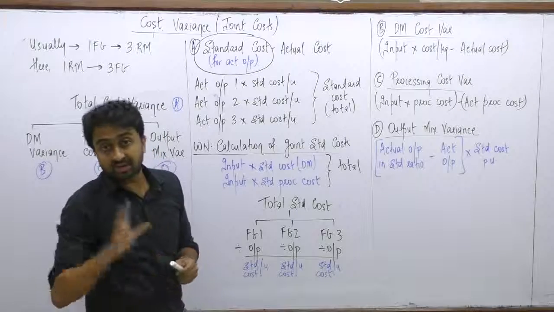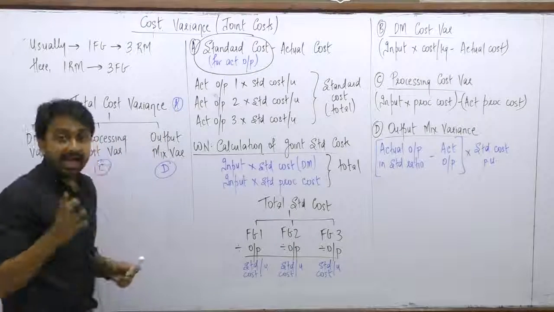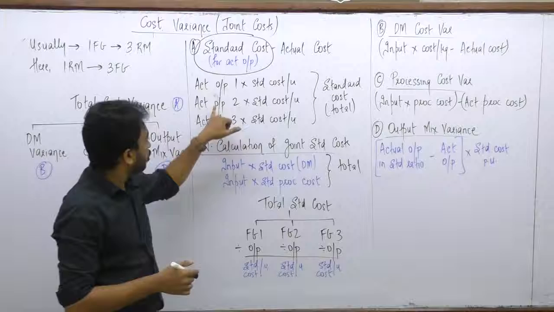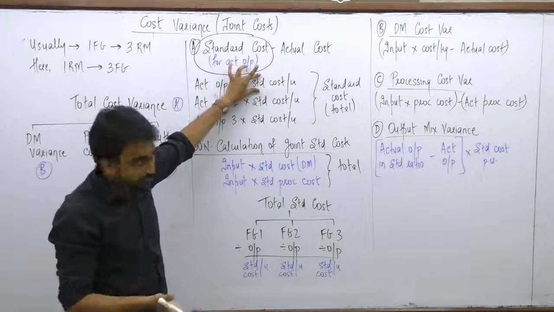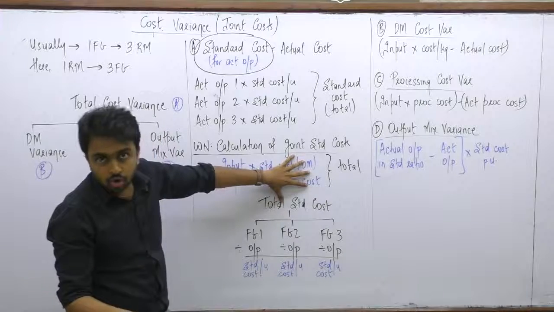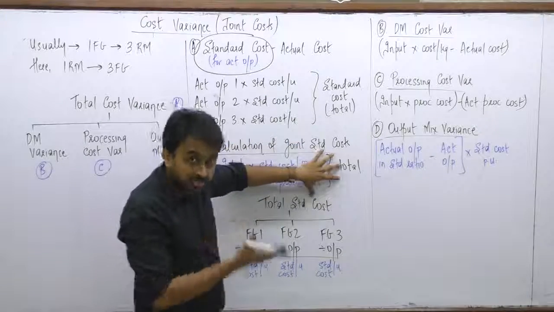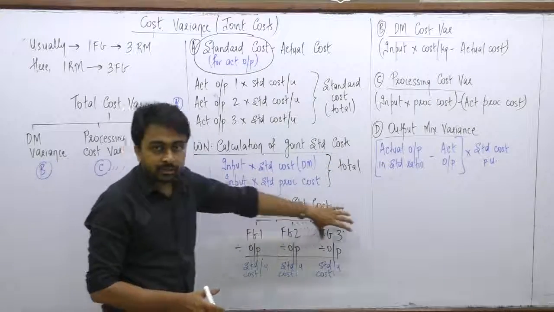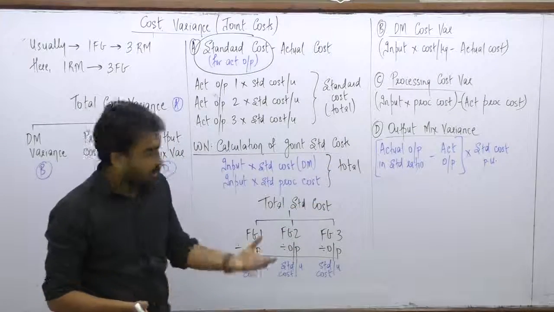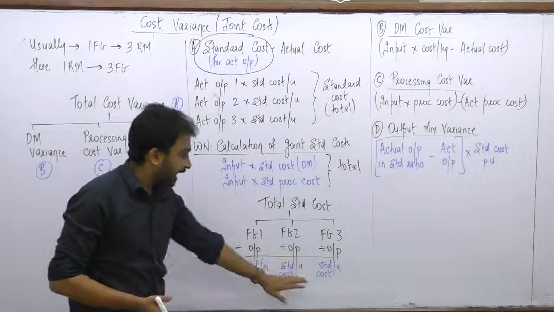I have simply got the standard cost of the actual output. Actual output will be given for 3 finished goods. Standard cost was not given. We found out total standard cost. Once we found total standard cost of the input, we allocated to FG1, 2 and 3 using sales value method. Once we got the allocation, divide by output, I'll get standard cost.